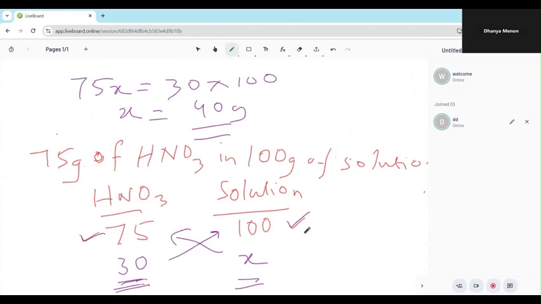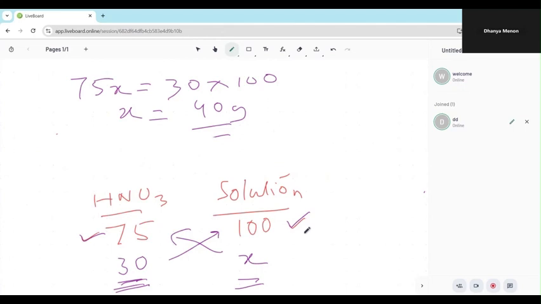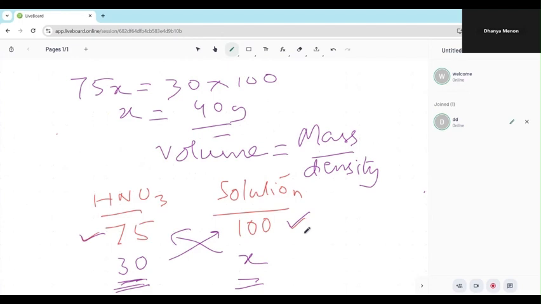But the question is not in grams. We have to find the volume of the solution. So how to find the volume of the solution? They have given you the density, right? Volume is equal to mass by density, which is equal to mass is 40 grams.